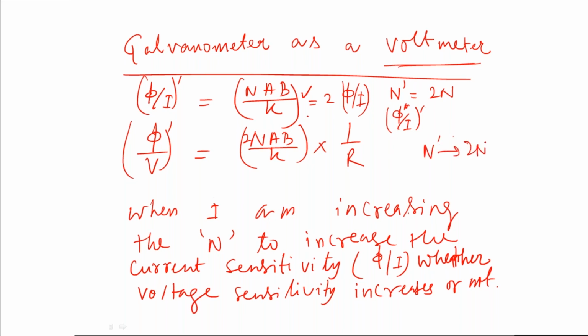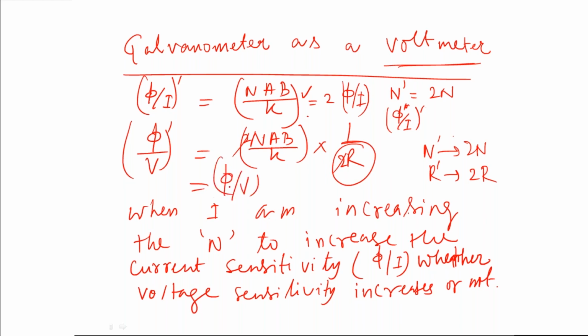So if you just put this 2, then you look, 2 will get cancelled from numerator and denominator, and finally the voltage sensitivity remains the same. So that's why when current sensitivity increases, not necessarily voltage sensitivity will increase.